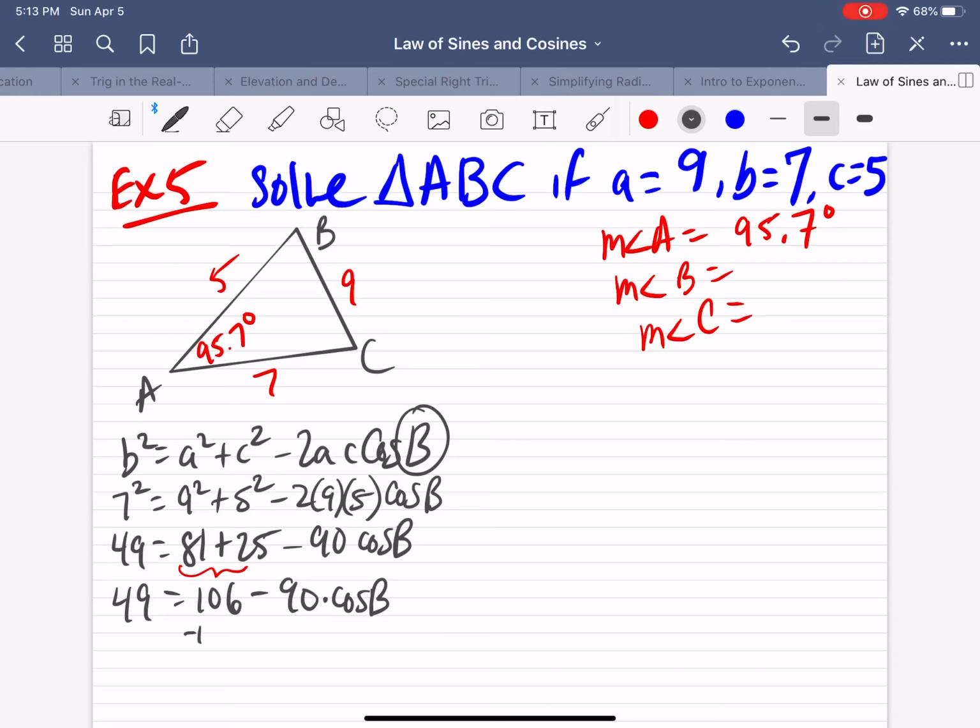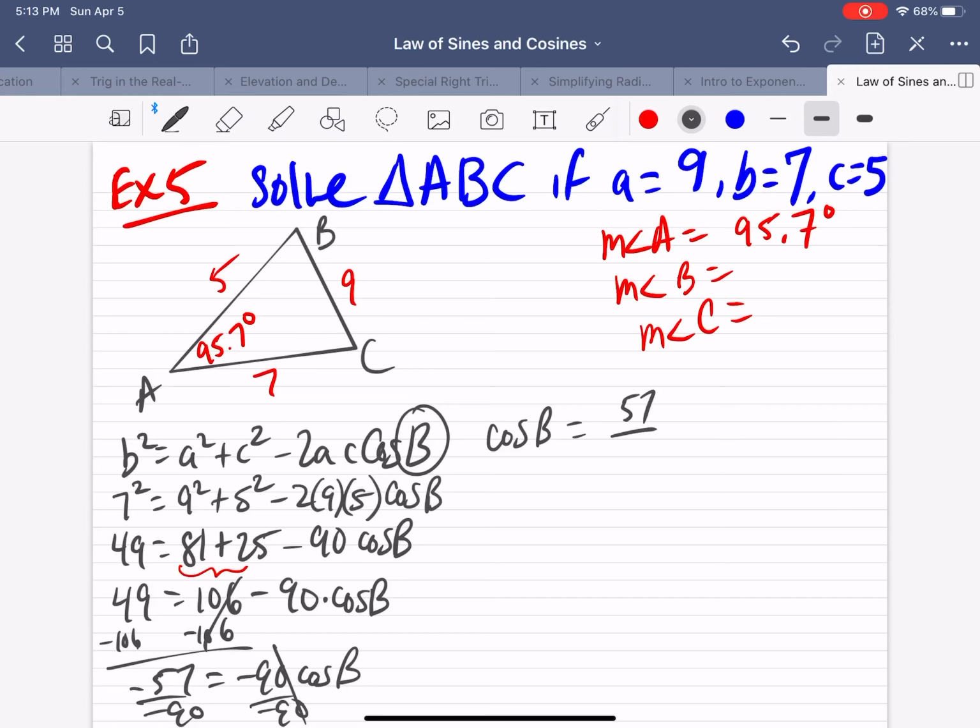So what you do next is subtract 106 on both sides. You get negative 57. Divide both sides by negative 90. And you get cosine of B is equal to positive 57/90.